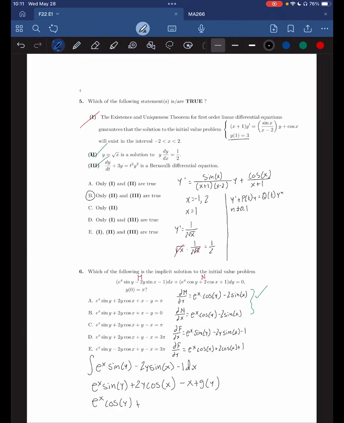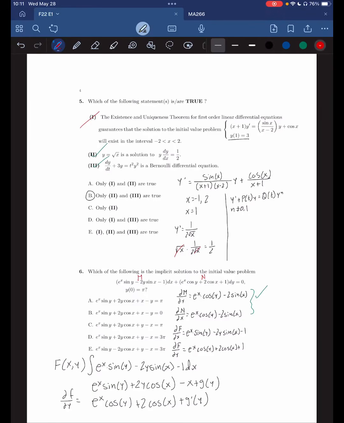So that gives us plus 2 cosine x minus x, which is obviously just 0 with respect to y, plus g prime of y. Now, so again, this essentially is equal to f of x, y. This is equal to df dy, right?